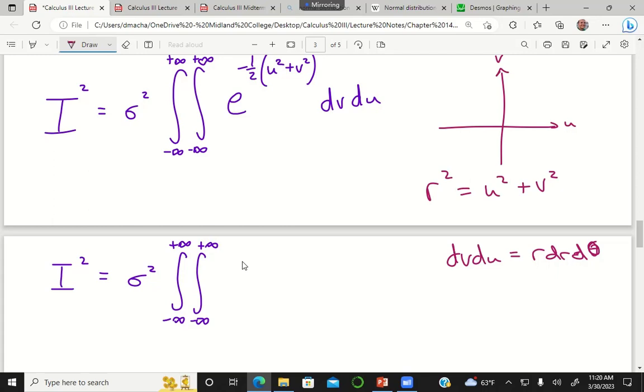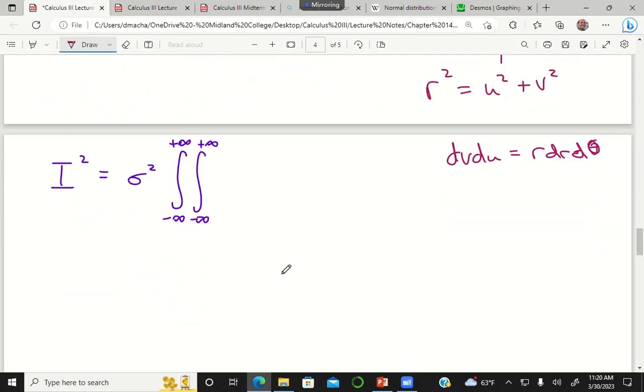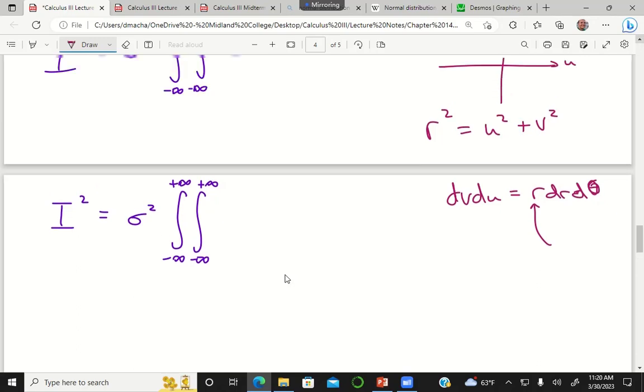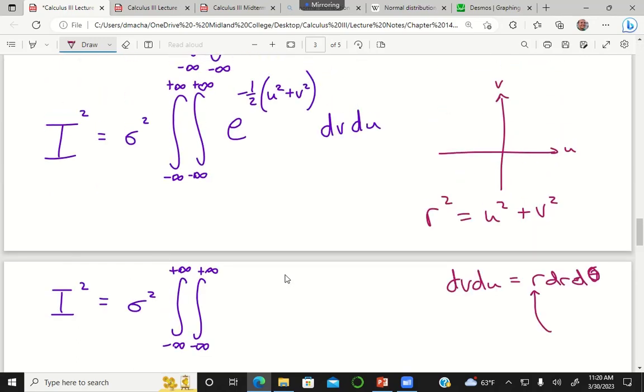So if you weren't in class yesterday, I did upload the recording of that video this morning, and so you can see why the r dr d theta shows up. But this little r that we get from the polar conversion is going to save our lives here. It's going to allow us to write e to the negative 1/2 r squared r dr d theta.